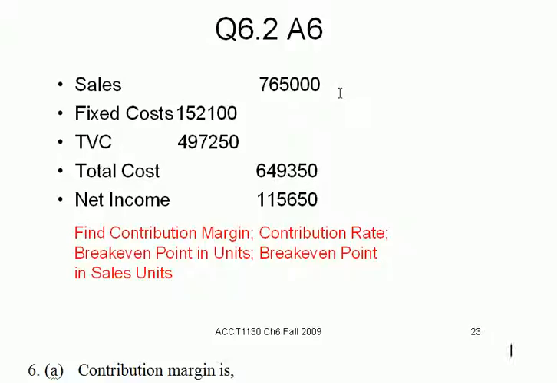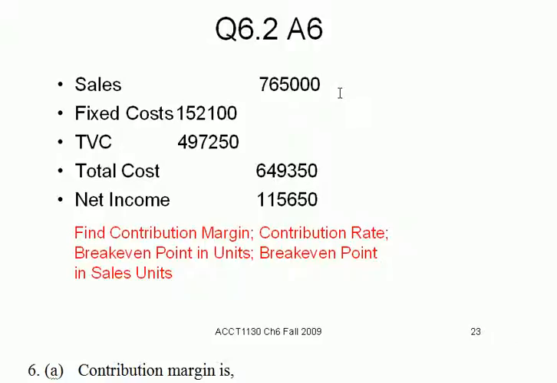They had costs, remember two different types of cost, fixed costs and total variable costs. Fixed costs you can see is 152,100 and total variable costs 497,250. So the total cost is those two costs together, 649,350.